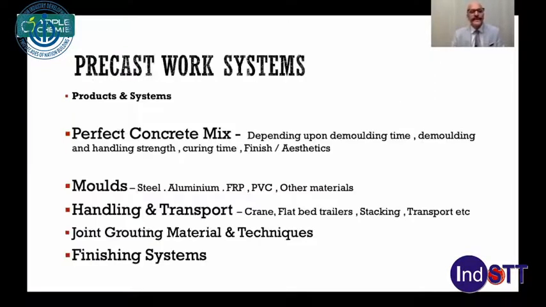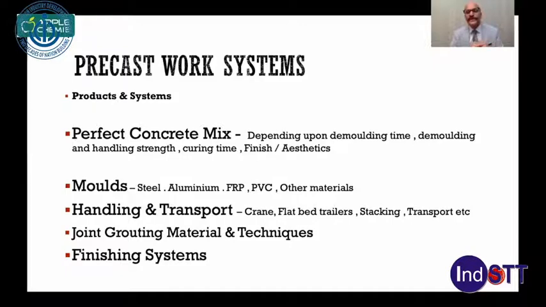So if you see the overall precast concrete system as such, first is the concrete, which is the basic ingredient obviously, but in precast concrete, the concrete is designed to have good demolding properties. Most of the time it is demolding time which is important, because the mold is reused and reused, and the repetition of the mold carries the essence of precasting technology.